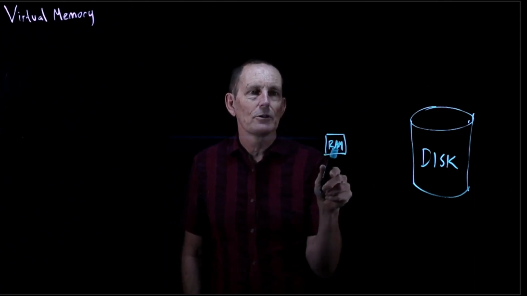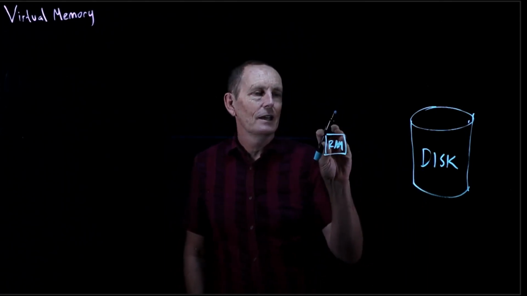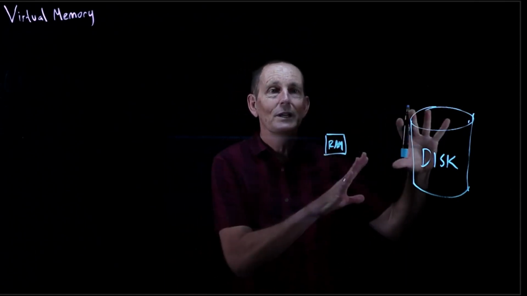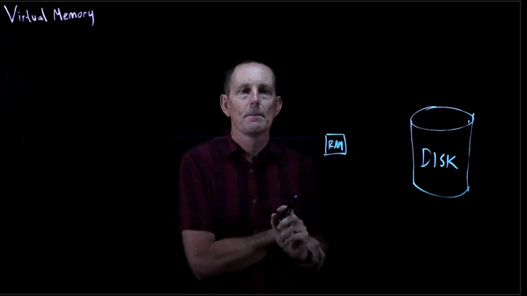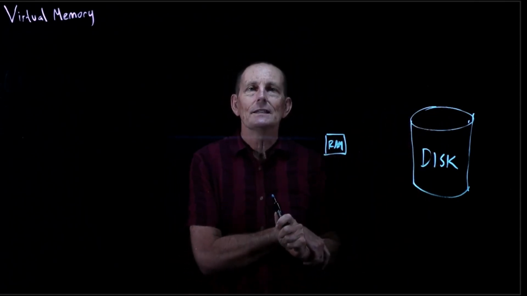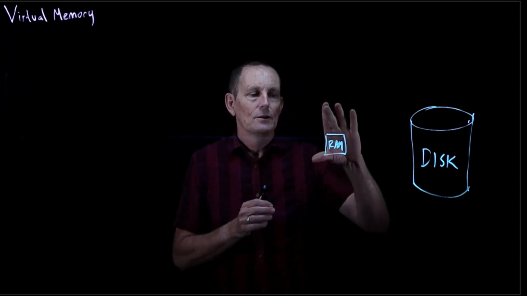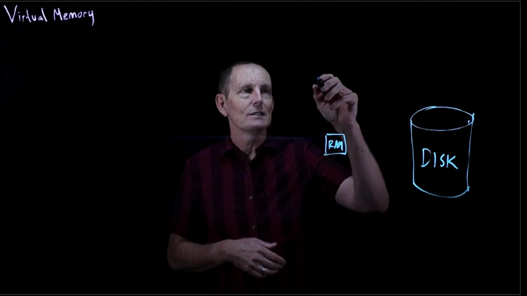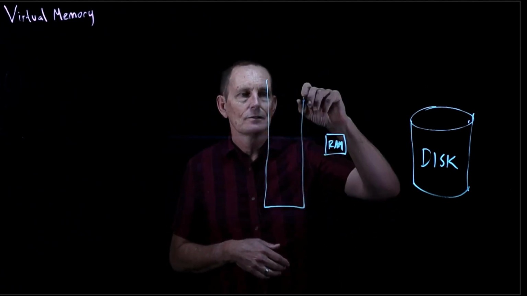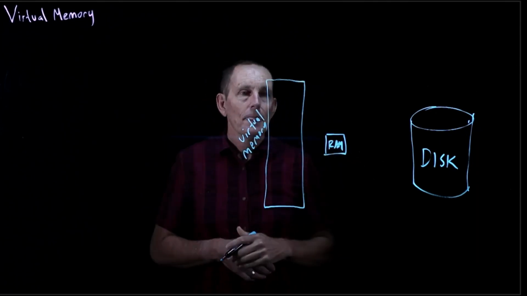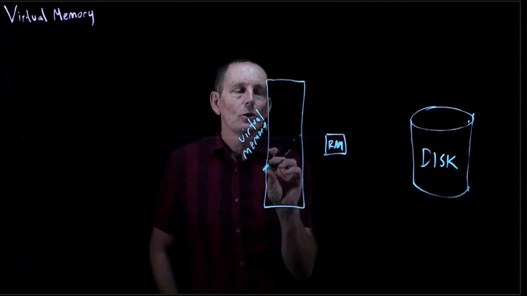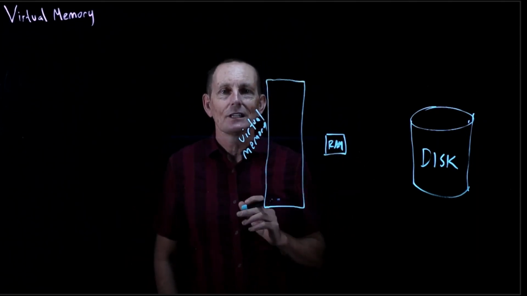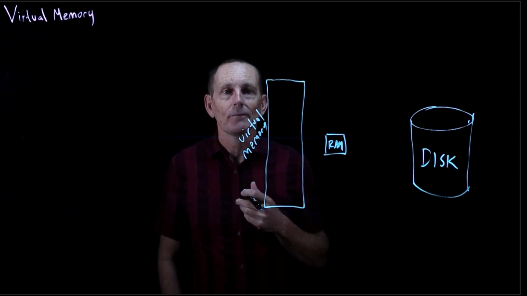So conceptually we have our RAM and our disk, and our RAM is going to be like this window into our larger disk. The basic idea is if we have some larger amount of virtual space, we can use this RAM to hold the pages that we're actually currently using.